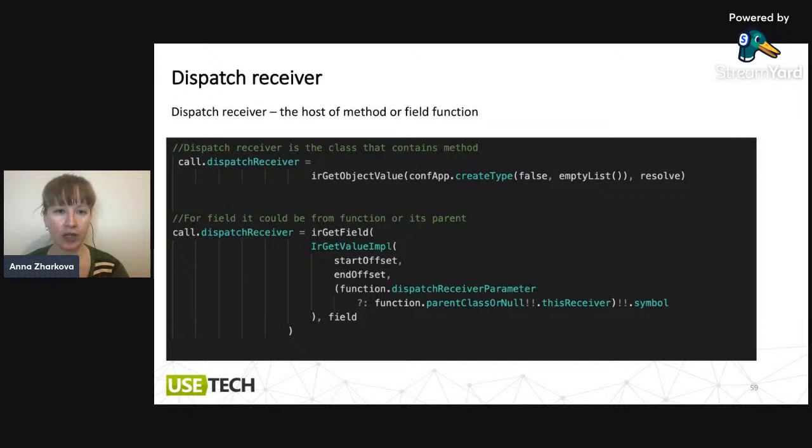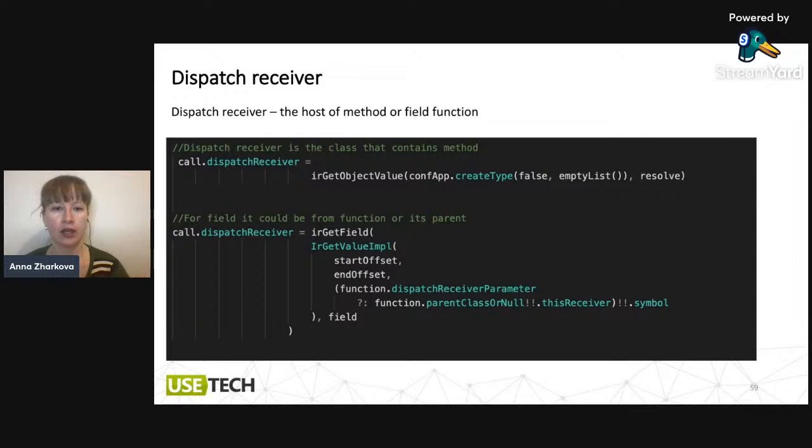So when we call inside, we need to get the value of this object. And if we call, for example, from a field, we could also specify the receiver, the function, or its parents, for example, just like this. In this case, the receiver of our function for our field will be the receiver of our function.